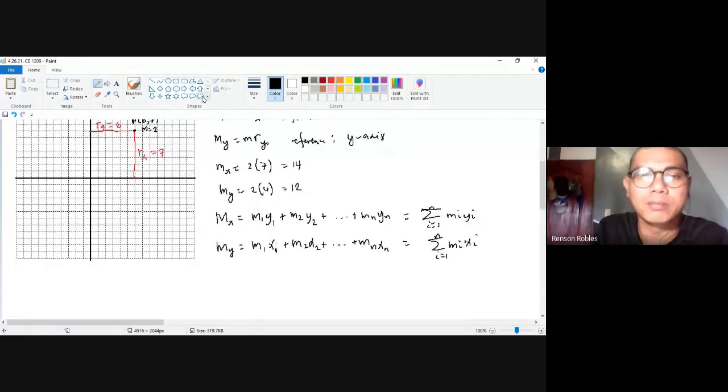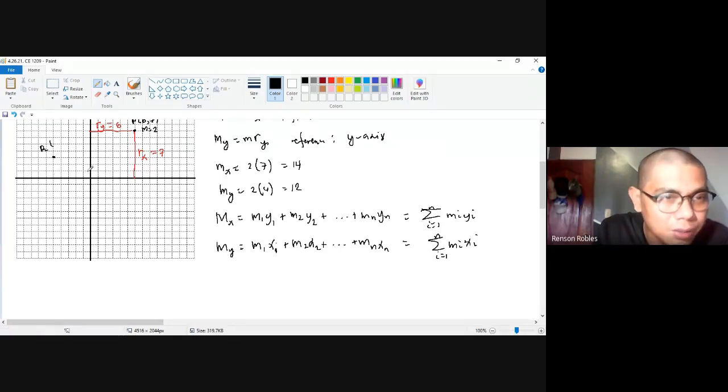Say I'll be adding some more. Let me see. Say I will add points here, and this is P2 located at negative 5, 3, with mass equal to, say, 4.